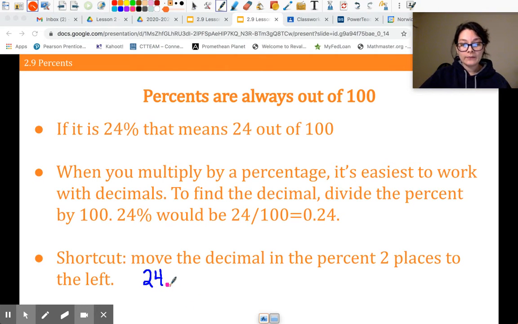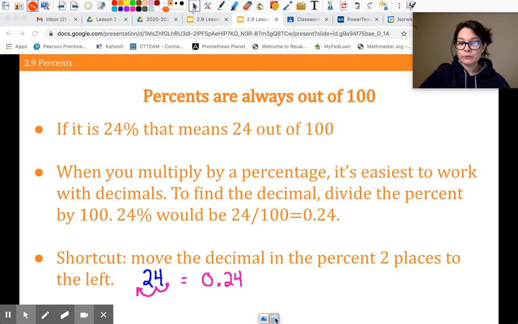So I would have to add that decimal if I don't already see it in the percent and move it 2 places to the left. In doing so, this tells me that 24% is 0.24. When I do my problems today, I'll probably use the shortcut method, but understand that what we're really doing is just dividing that number by 100. That's what this shortcut actually does for us.